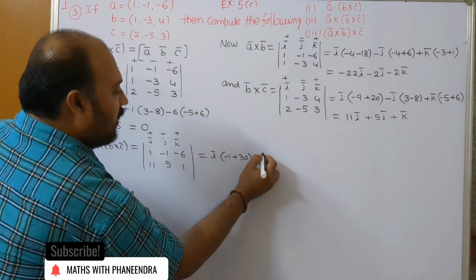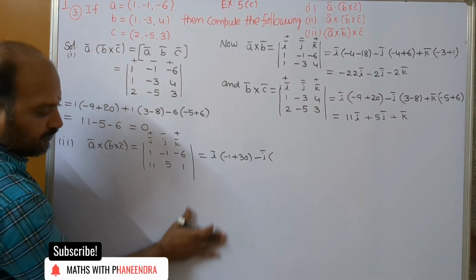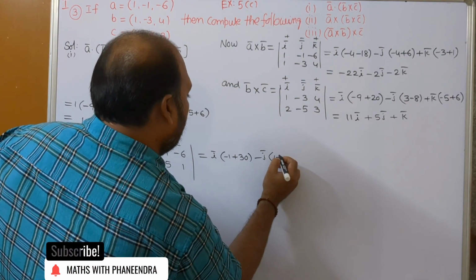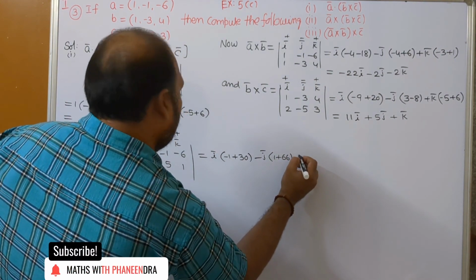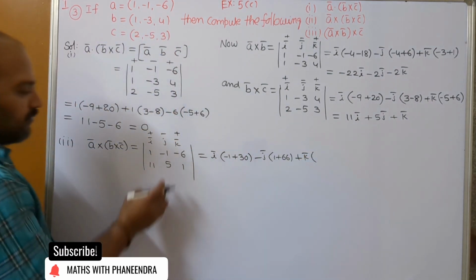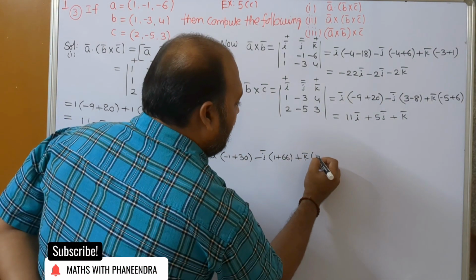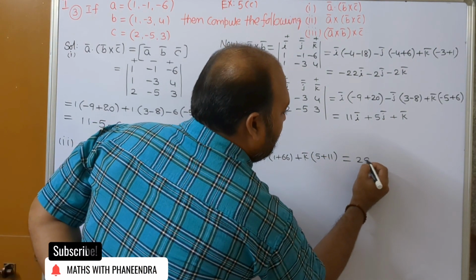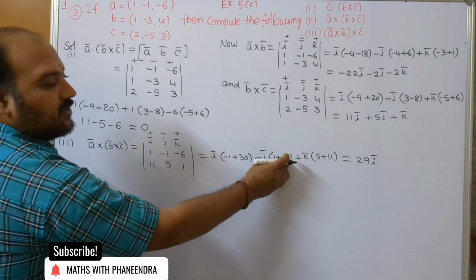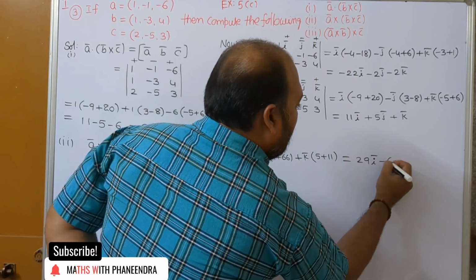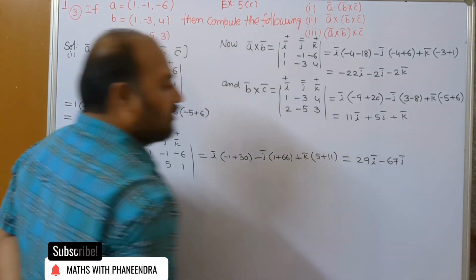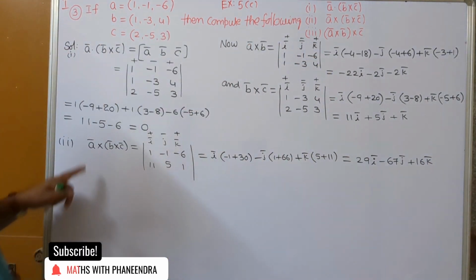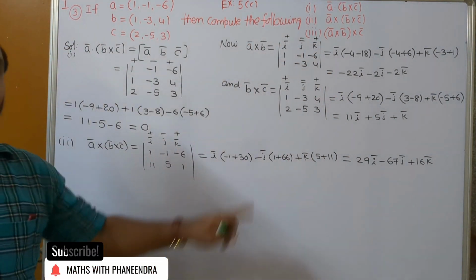Next minus J bar into 1 minus of minus 1 plus 66. Next plus K bar into 5 minus of minus 11, 5 plus 11. So which is equal to 30 minus 29i, 66 plus 1, 67, minus 67j plus 16k. So this is about A bar cross, B bar cross, C bar.